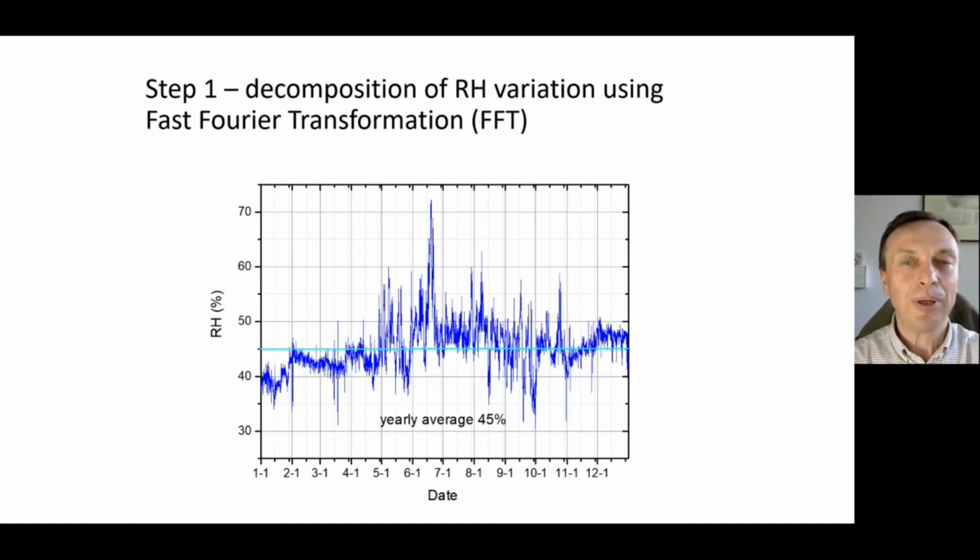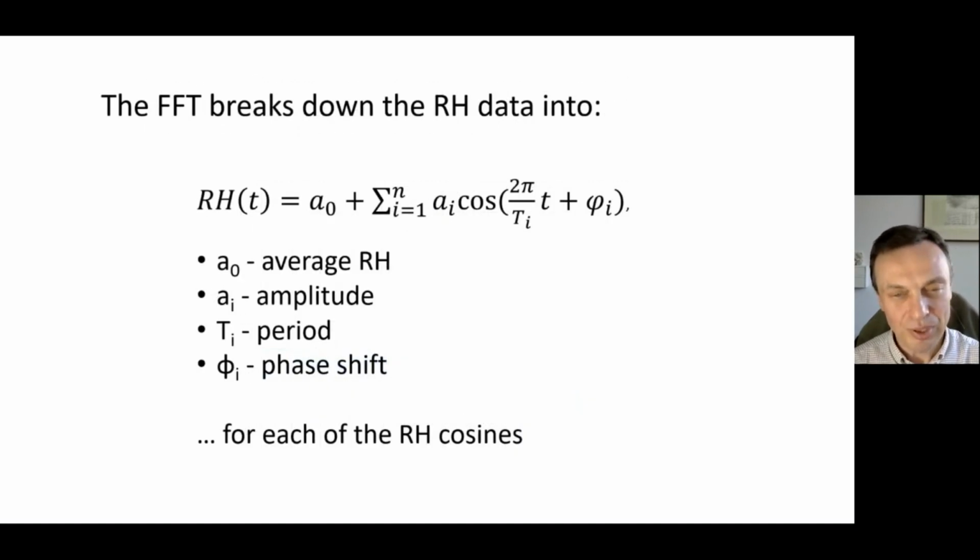So in the first step, the decomposition of the RH variation takes place, as I mentioned, using fast Fourier transformation. Here you can see an example of the environment. As you can see, there are quartile variations, but the yearly average is 45 percent. We break it down into elementary sinusoidal variations, which are characterized by the amplitude, the period, and the phase shift.